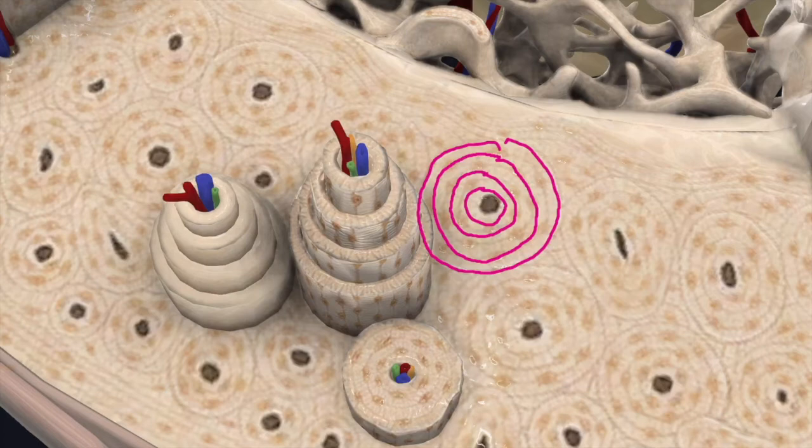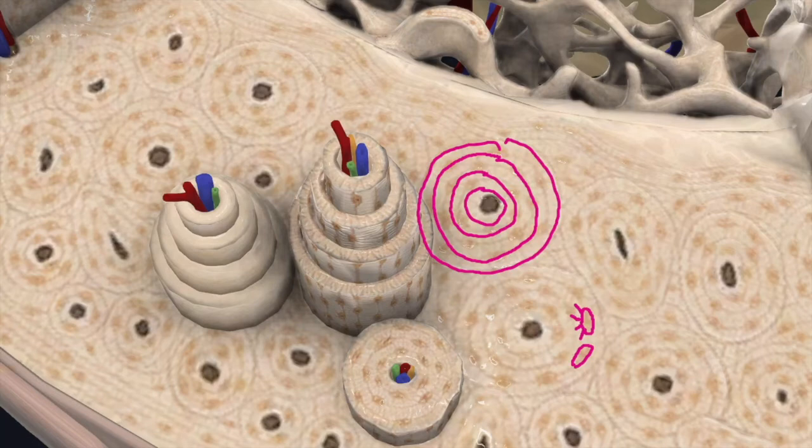Between the lamellae you have the spaces called lacunae, and within the lacuna you have the osteocytes, and radiating from the lacuna you have the canaliculi, and within the canaliculi you have the cytoplasmic processes of the osteocyte. Through these canaliculi each lacuna communicates with the other lacunae.